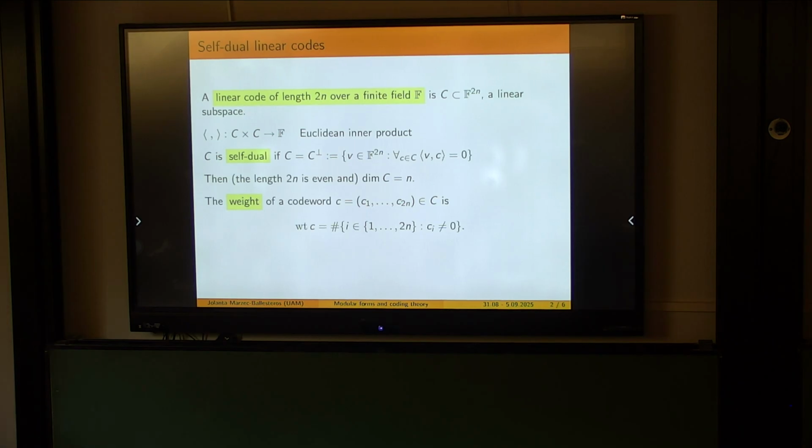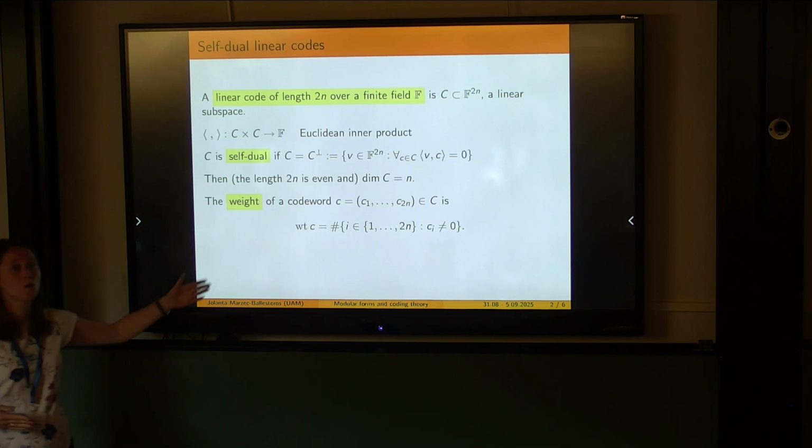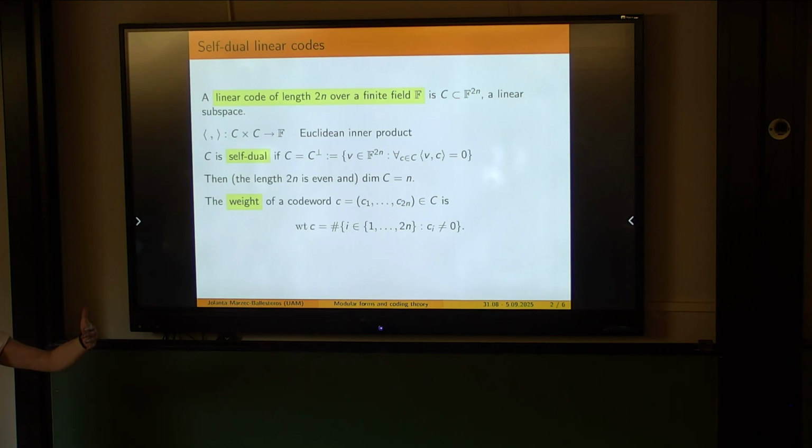But instead, we could also look not just at the number of entries where code words are non-zero, we could also look, when we work over finite fields, how many entries are equal to a given element, and then see how it varies in the whole code C.